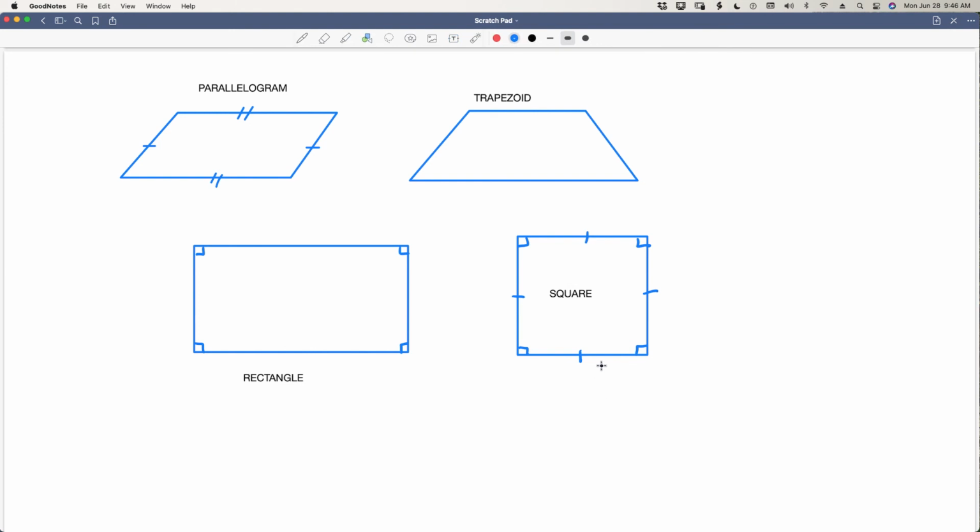And there's one more type of parallelogram, and that is a rhombus. And a rhombus is a shape that has all 4 sides the same length, but it has 2 sets of measurements in the angle. So you have these 2 are the same, and it has these 2 that are the same.